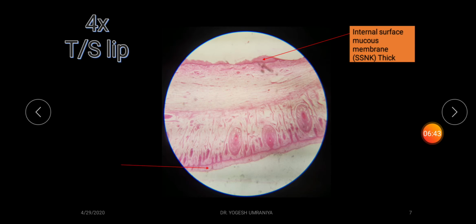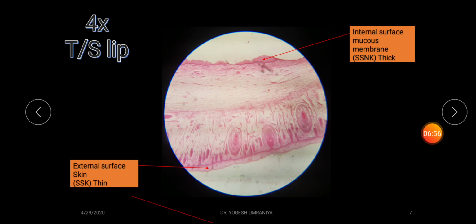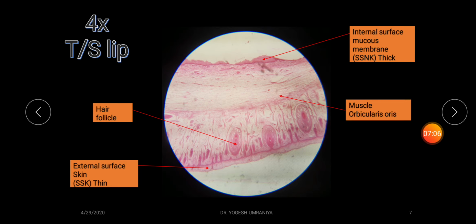Next, at the bottom you can see the thin layer, that is the external surface of the skin having the stratified squamous keratinized type of epithelium, and that is somewhat thinner. Underneath this you will find the aggregation of the hair follicles, and these are the muscle fibers of the orbicularis oris muscle running in a longitudinal manner.